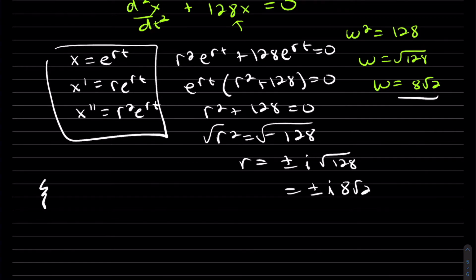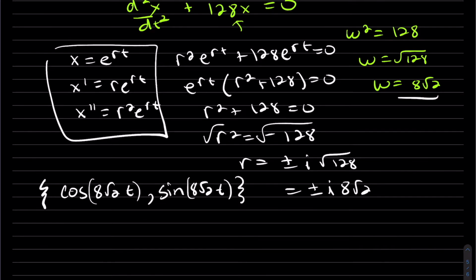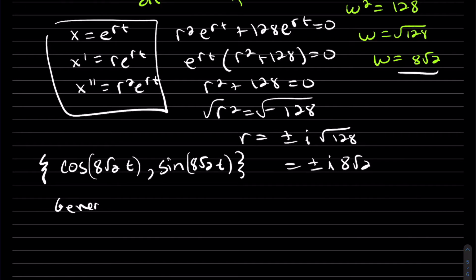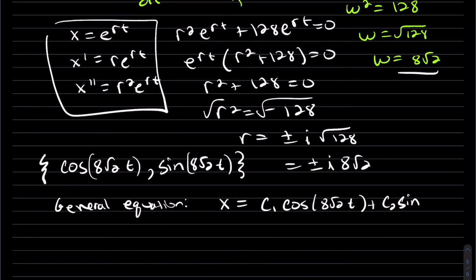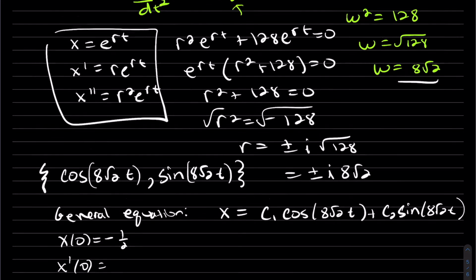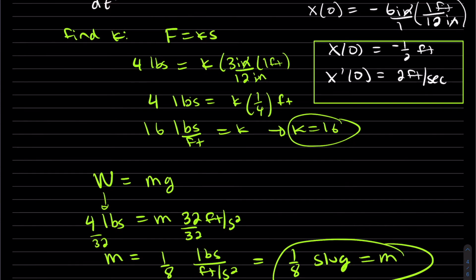So our fundamental set is cosine of 8 root 2 times t, sine over the same angle. So we have our general equation. And we have our 2 initial conditions, x of 0 is equal to negative 1/2, and x prime of 0, I forgot, is 2 feet per second.